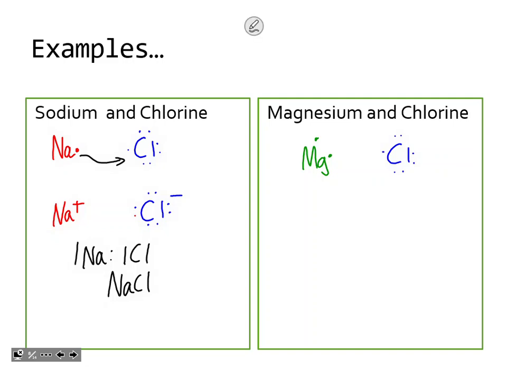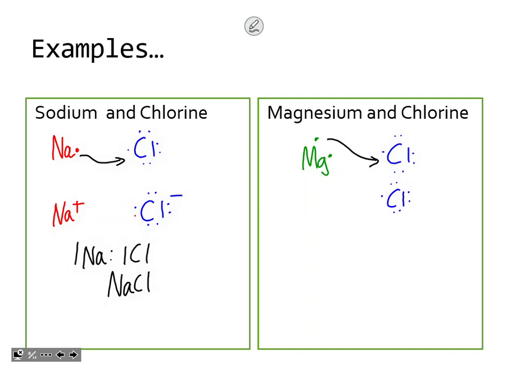So, this magnesium transfers 1 of its electrons to a chlorine, and there's only 1 chlorine available. We have a problem. Why is that a problem? Magnesium is still unstable because it still has 1 extra valence electron that it needs to get rid of. So, to solve this problem, instead of only bonding with 1 chlorine, we're going to bond with 2 chlorines.